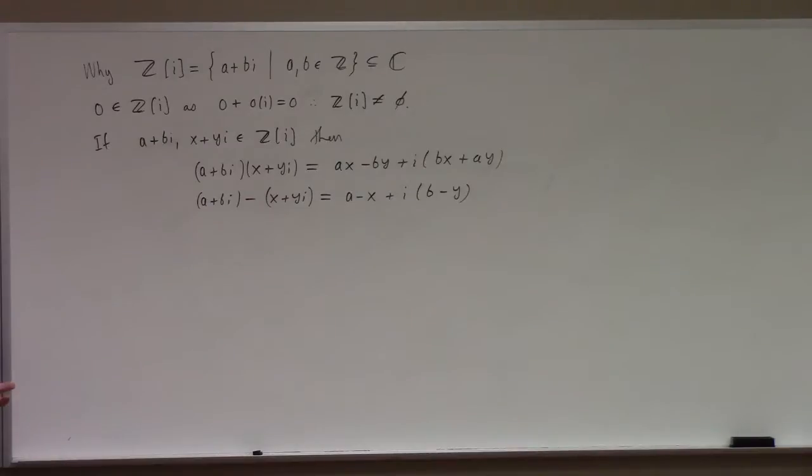We're looking at complex linear combinations where the real and imaginary components are integers, because they're the sum and difference of integers, or sum of products.